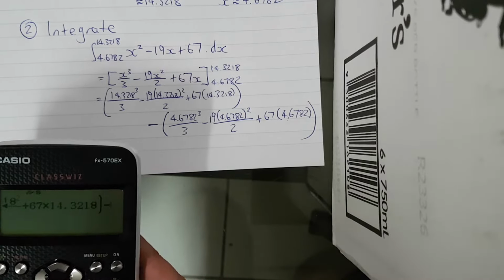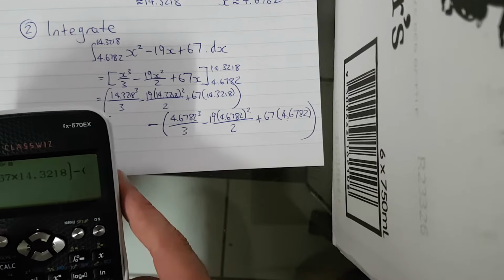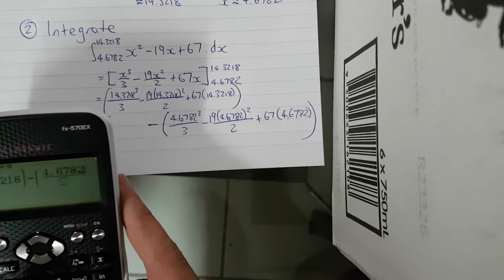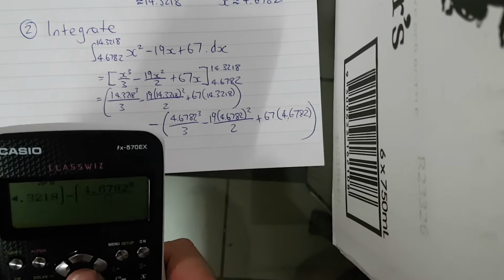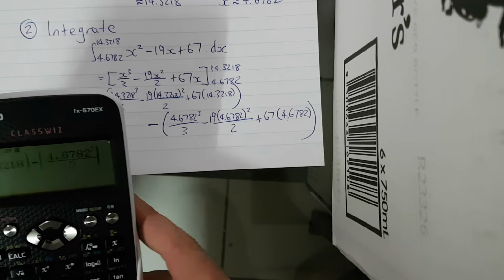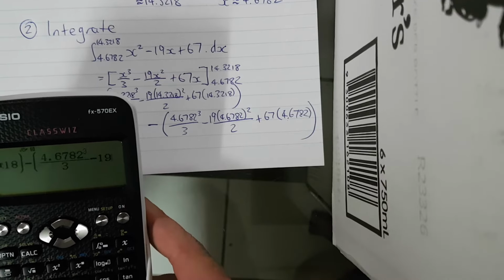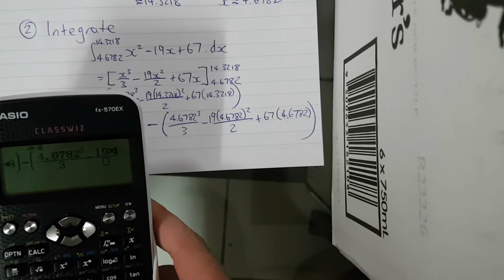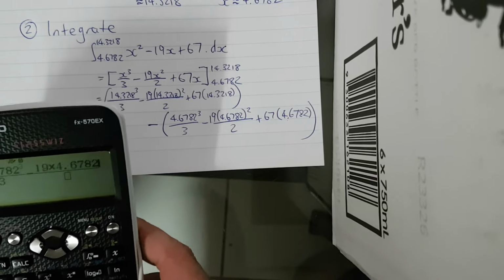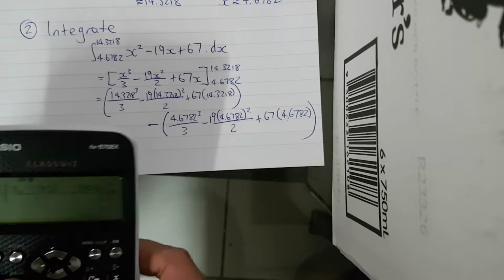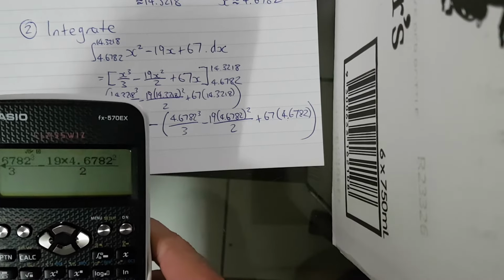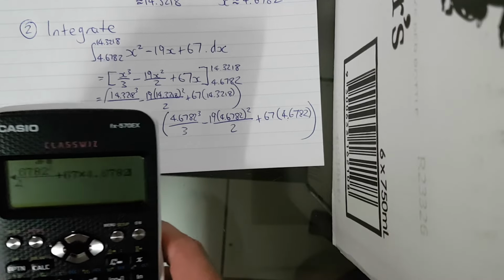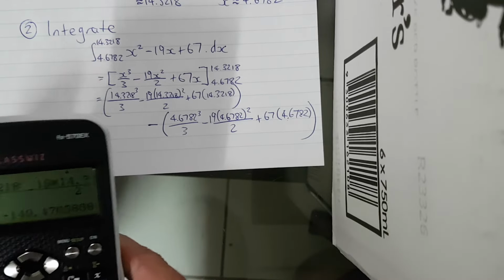Now we want to take away everything in the second part. Starting again, 4.6782 to the power of 3 all over 3, take 19 times 4.6782 squared over 2, plus 67 times 4.6782. Close it all off.